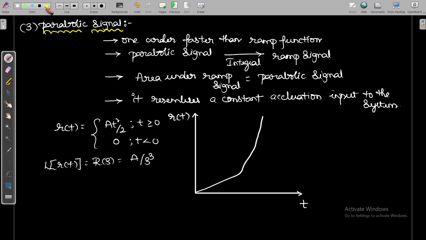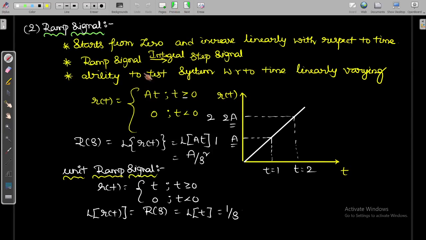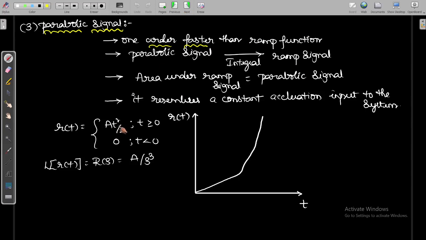See, in the definition it is one order faster. Previously we had A t, so the order was 1. Now the order is increased to t square. So that is the meaning of the parabolic signal. Let us take a unit parabolic signal.